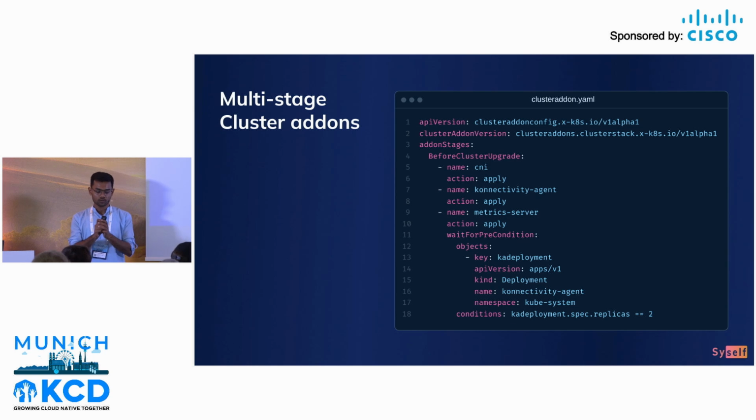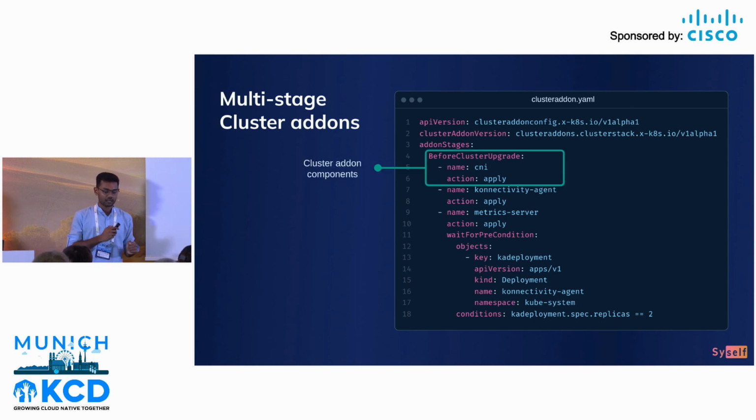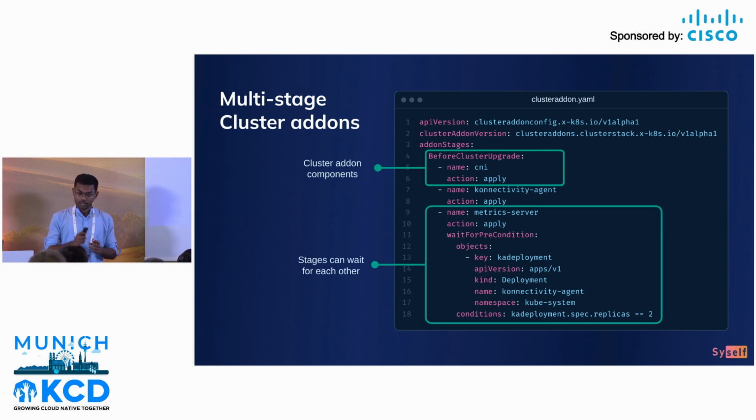Now, suppose you want the CNI to be applied first. That everyone understands. So these are what we call stages, and in stages you specify the actions you want in your upgrade process. So here we apply the CNI first. Then the CNI got applied.